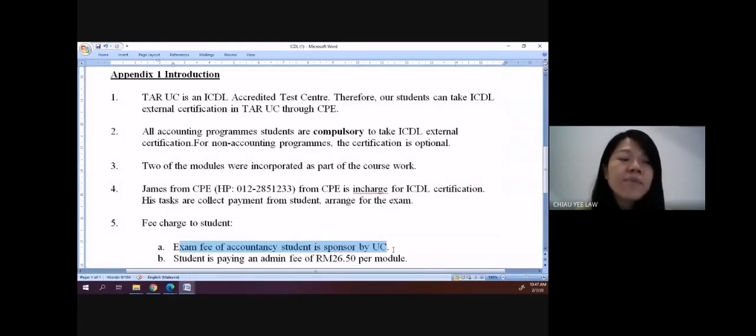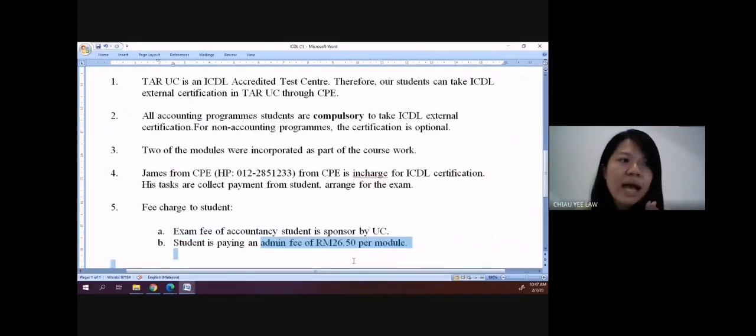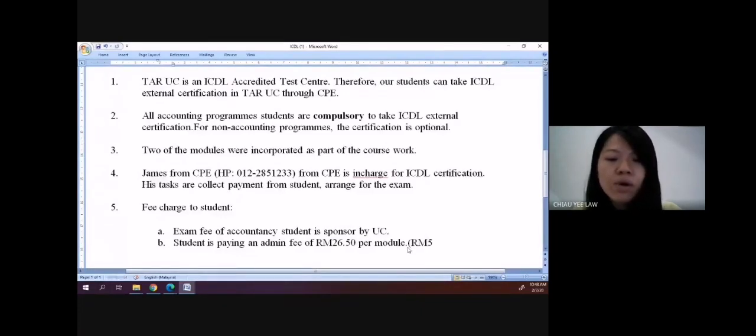You only need to pay the admin fee, which is 26.5 per module. Because you are taking two modules, the amount you pay is 53. It is an external exam, not included in your diploma CGPA, so your CGPA is not affected.